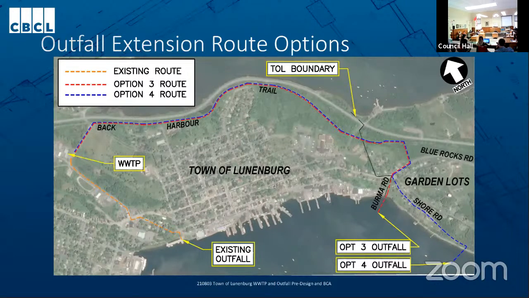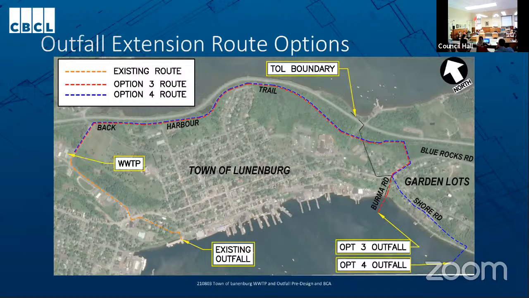And both of these options require pump upgrades to the effluent pumps at the wastewater treatment plant because they're pumped over a higher elevation than the existing outfall route is. The pumps for option 4, or at least the motors for option 4, would need to be larger than the motors for option 3 and would therefore also use more electricity in running costs.